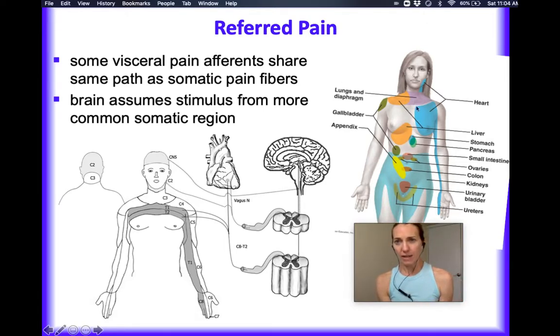You can see the diaphragm would be more along the left shoulder, whereas gallbladder pain may be felt along the right. Here is the referred pain from the heart and left arm. Some nice examples, but those referred pathways, again, can be useful from a clinical standpoint.